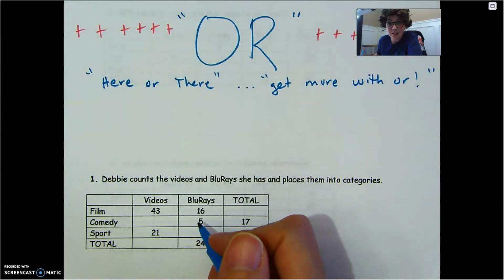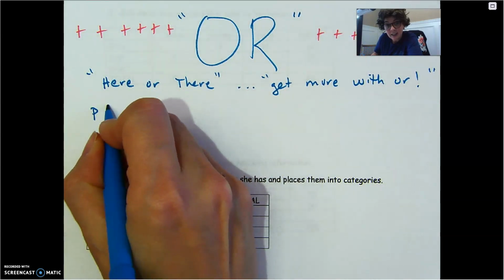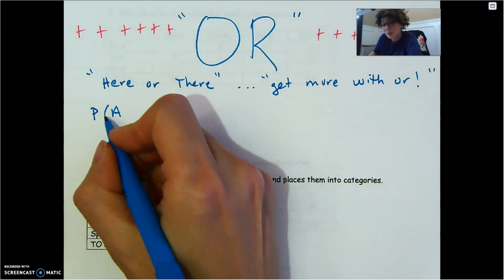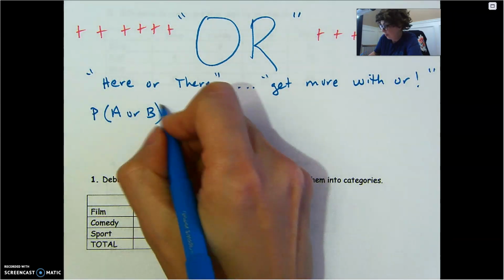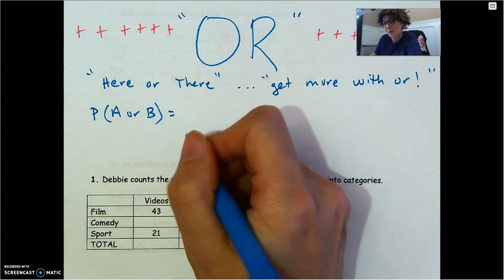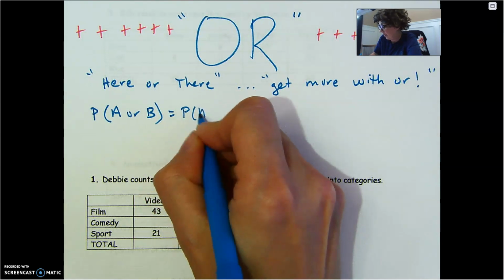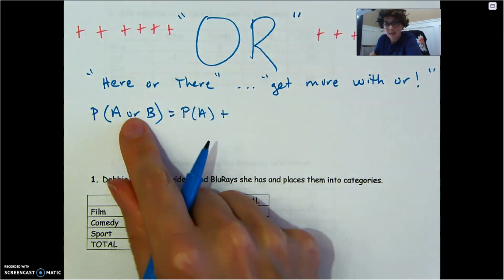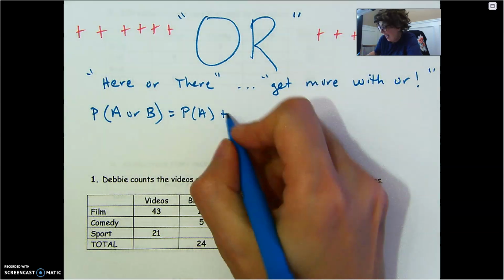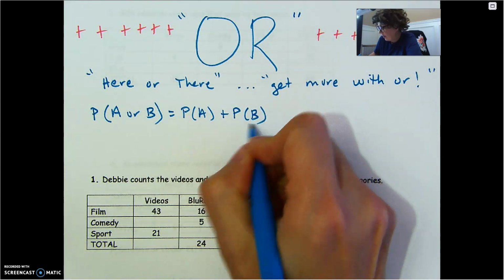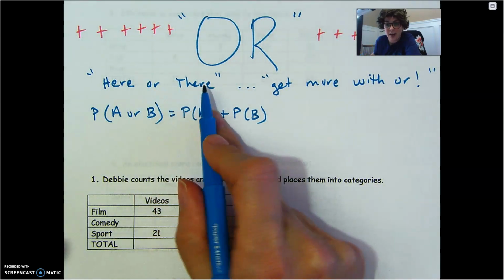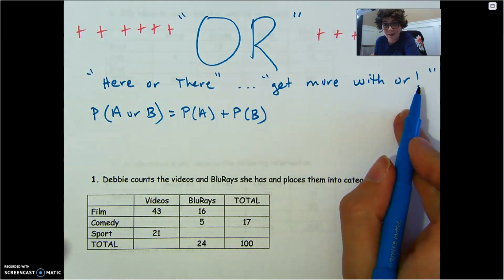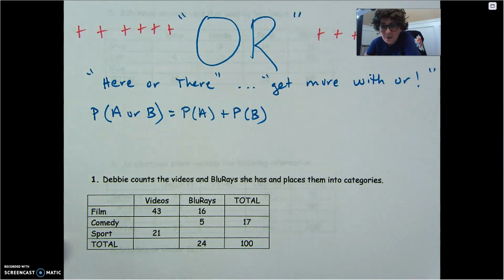So the formula that you're going to see for this is like so. Probability of some event A or some event B. What we're going to do mathematically is take the probability of whatever A is. Because the word or is there, we're going to add the probability of B. So the problem with adding with the here or there or the get more with or is that sometimes you get a little bit more than you were looking for.